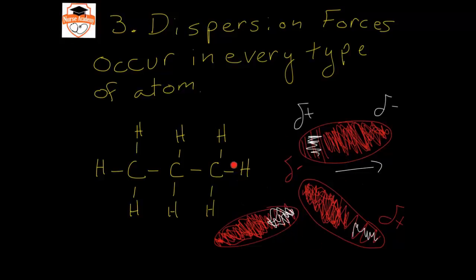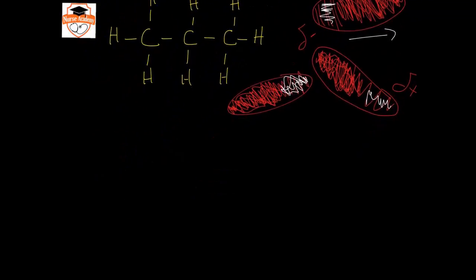Now, this type of instantaneous dipole that we've discussed can occur in every single bond of a molecule. The more bonds you have in a molecule, the higher the tendency it is to have these dispersion forces. What you'll notice is that the larger a molecule is, or the more bonds it has, the more tendency it has to become a solid. So if we have CH4 that has 4 bonds in it, that's a gas.